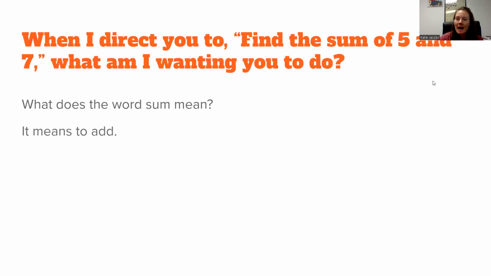So if I'm saying, hey, add 5 and 7, I want you to add 5 and 7 together if I want you to sum them together. And that'll become important. We'll have a symbol that we're going to learn pretty early on called the summation symbol that tells you to add certain things together. And so if you can remember that when we say sum, that means to add, that'll help us out when we're trying to problem solve some things later on.